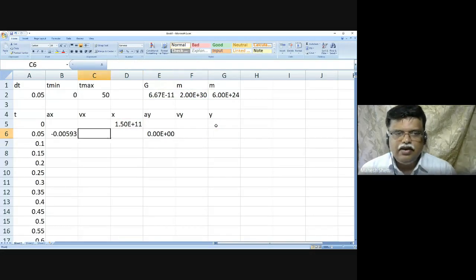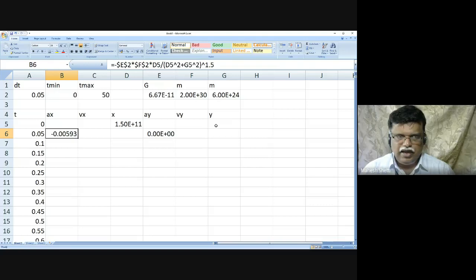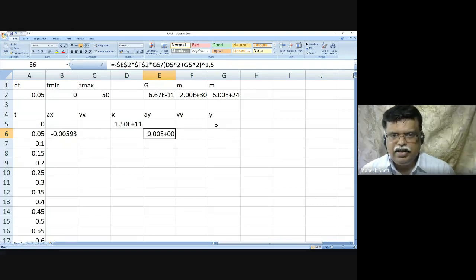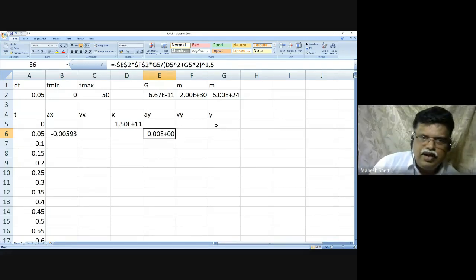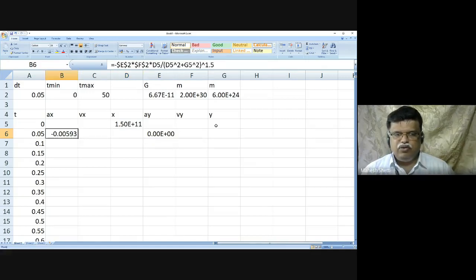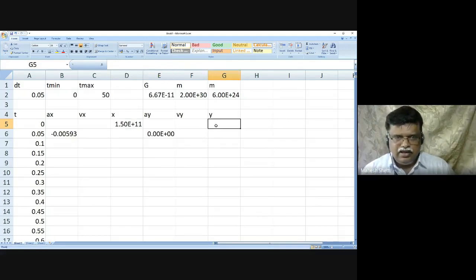So what I've done, I have calculated acceleration here and acceleration here. And what you observe here, I have put the same formula for the y component and x component. I have given the x component, which initial position is along, say, the x direction, and in the y direction initial position is 0.